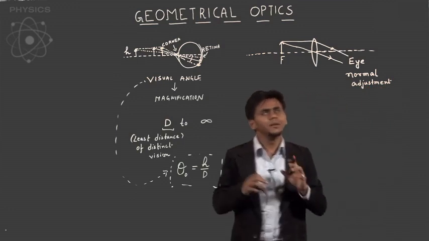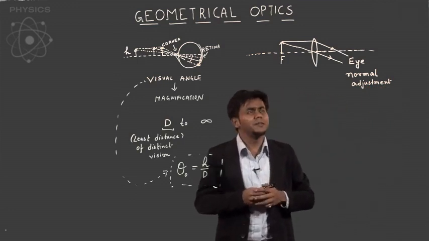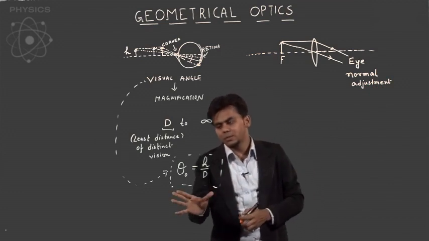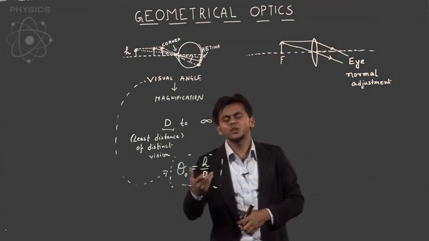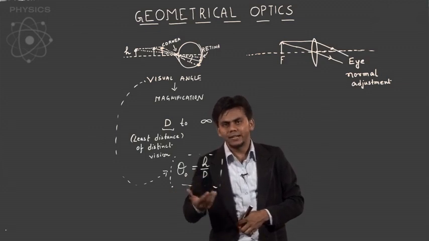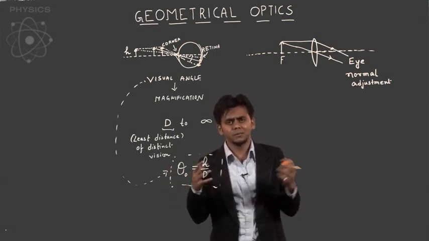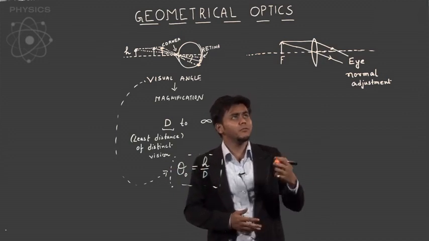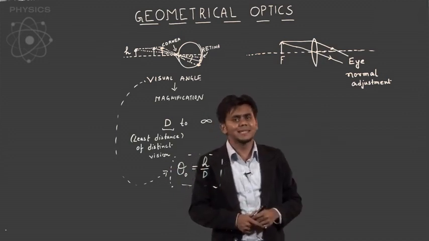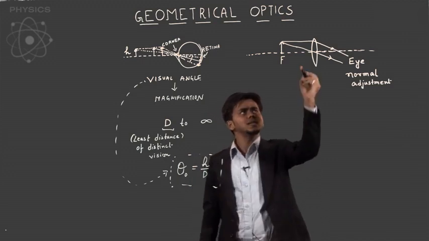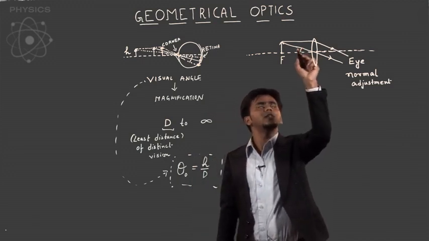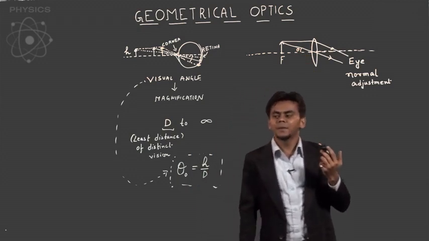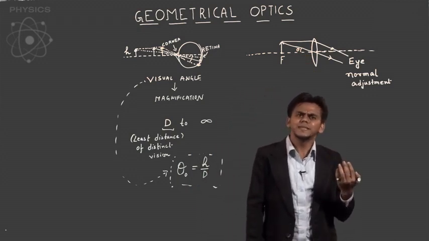Now, if you think of it, before the simple microscope, this was the visual angle which I could have attained. I should not say magnification because that is a misnomer over here. This is the visual angle which I could produce. If I use this converging lens, this essentially is the visual angle which I can achieve, this theta, right? And what exactly is this theta?